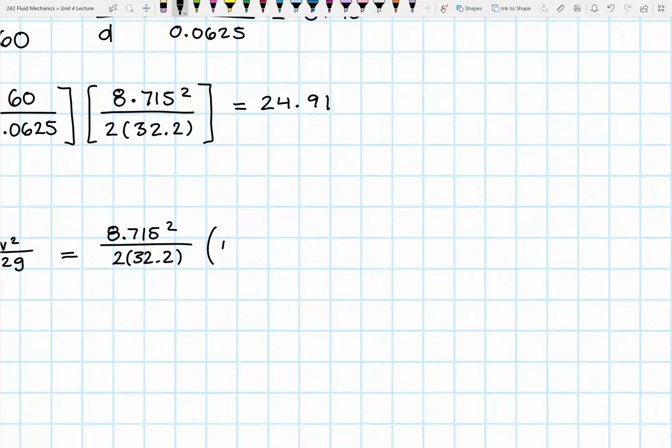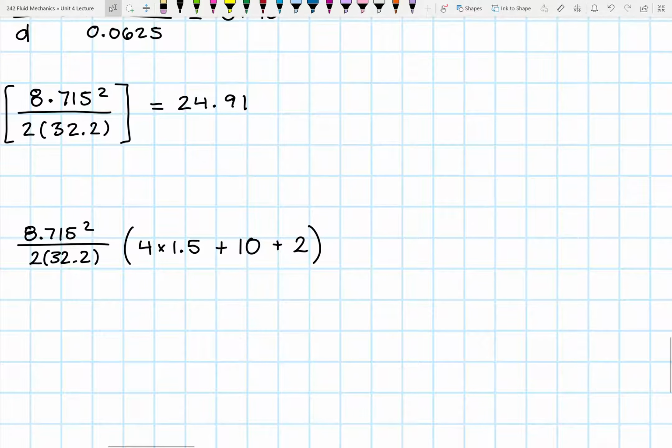We have 4 times the elbows, and the K value for that was 1.5. We had 1 fully open valve and 1 fully open faucet. That's how we set that up, and this will give us a value of 21.23.